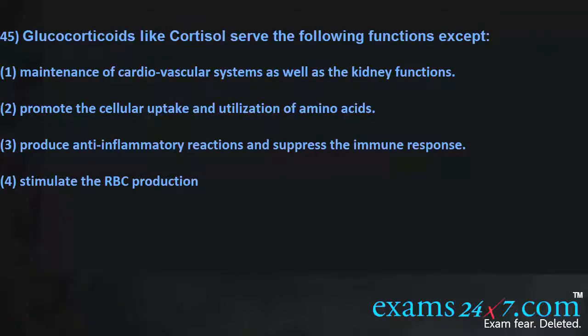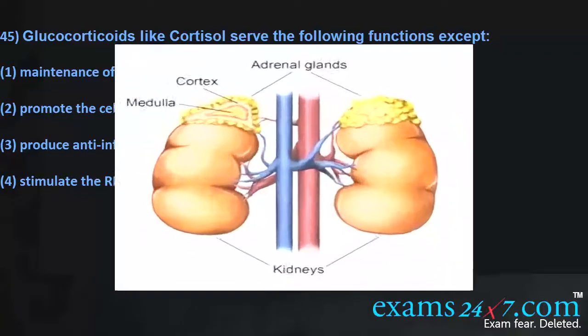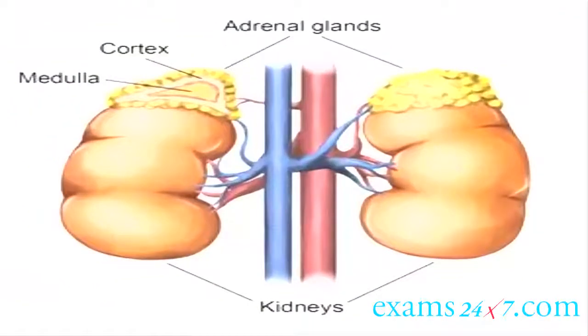Now we come to question number 45. Glucocorticoids like cortisols serve the following function except. Remember, when we talk about the adrenal gland, we recognize two regions. I hope all of you know adrenal gland is also called suprarenal gland as it is found on the superior part of the kidney.